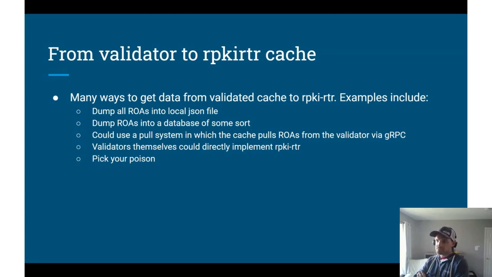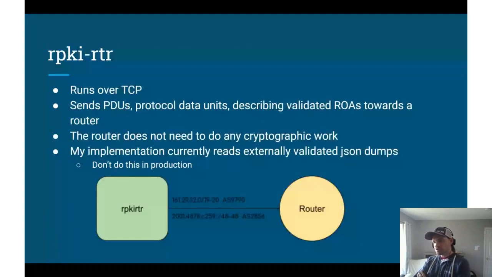It's just a standard TCP connection from your router to your cache. The cache will send what they call PDUs, which is protocol data units, describing these ROAs towards the router. And as noted before, the router does not have to do any cryptographic work. In the next slide, you'll see the actual IPv4 or IPv6 PDU. There's no cryptographic anything in that.